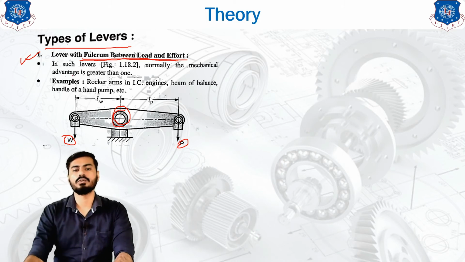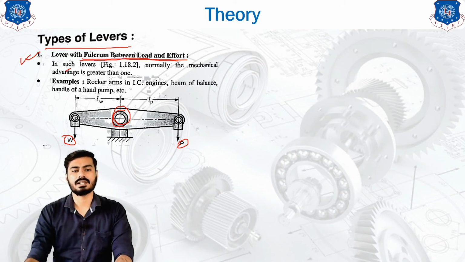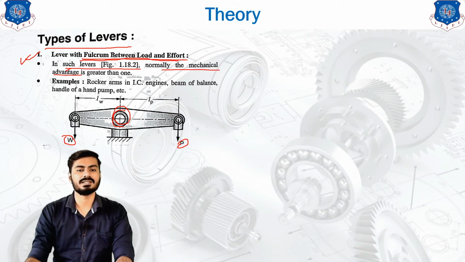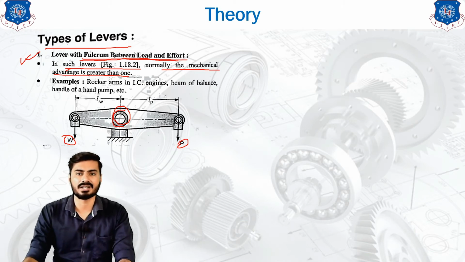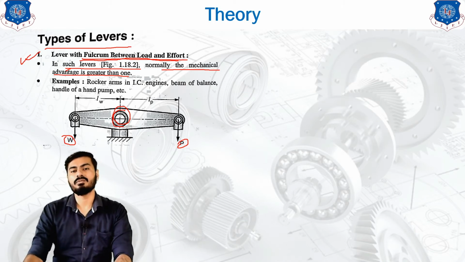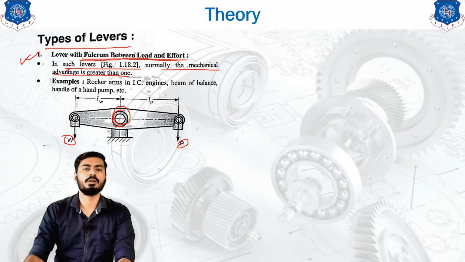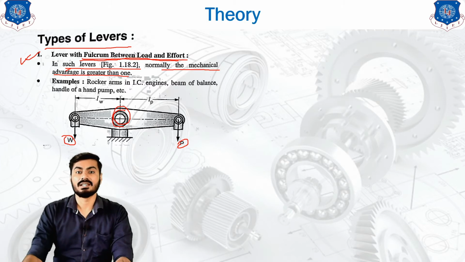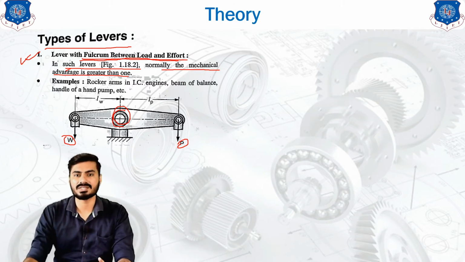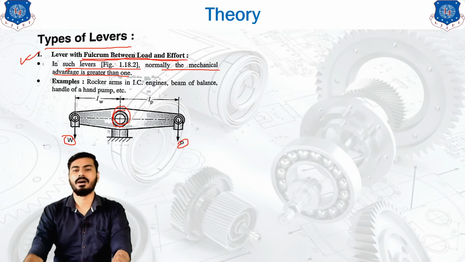What we are going to find here is that in this type of lever, normally the mechanical advantage is greater than 1, and that is required. In most levers the mechanical advantage will be more than 1, but in a few applications where the load and the effort are altered, we will see a mechanical advantage less than 1, because that is the requirement of the application.